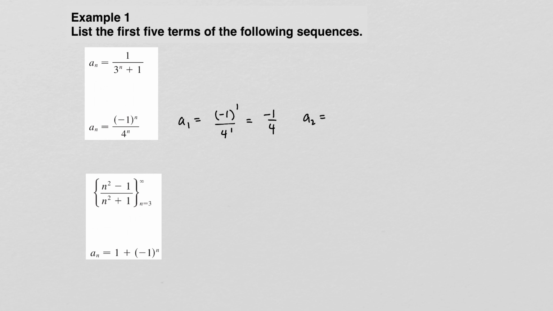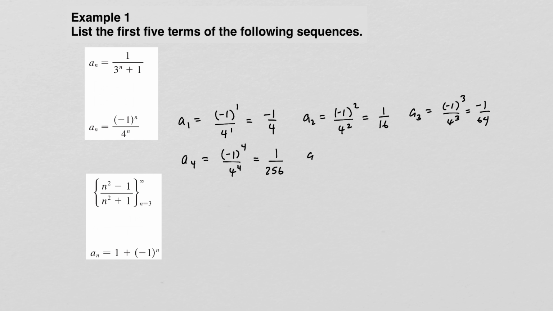The second term is (-1) to the second power divided by 4 to the second power, which is +1 over 16. The third term is (-1) to the third power divided by 4 to the third power, which is -1 over 64.